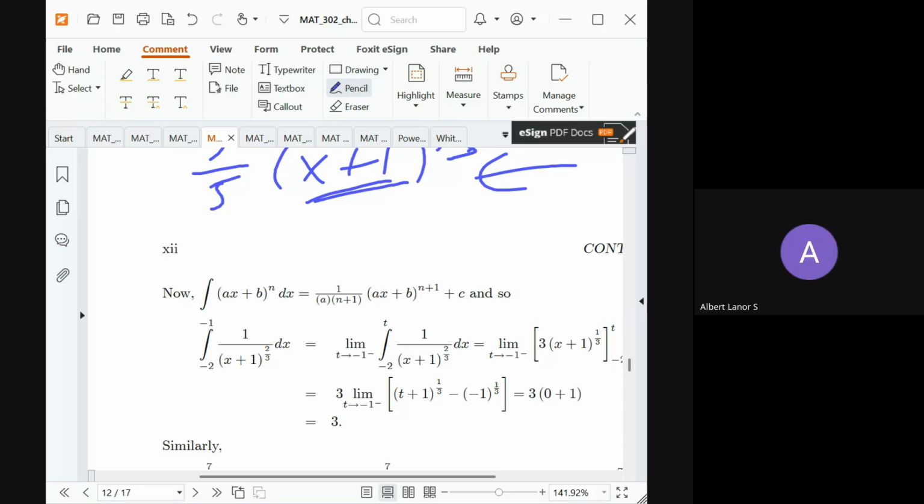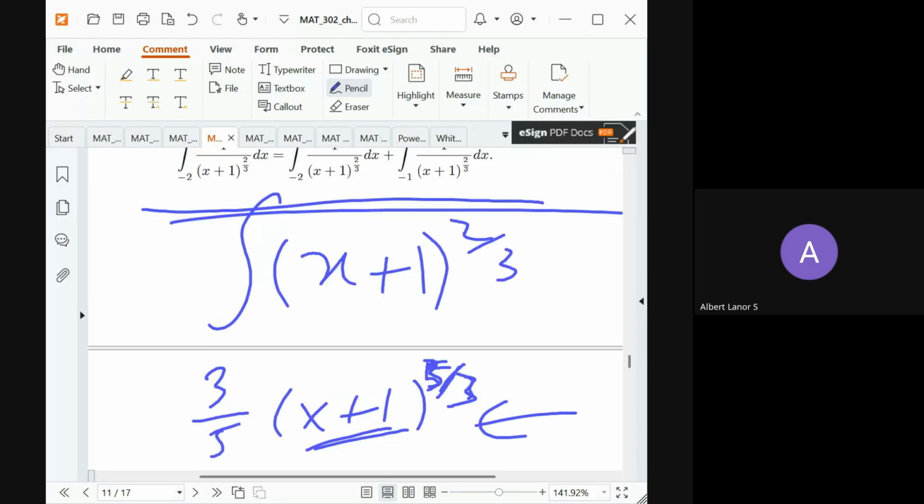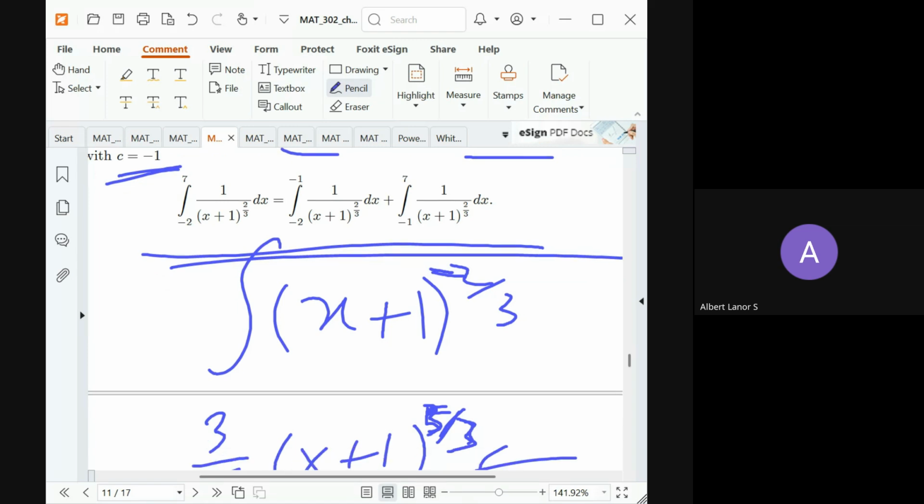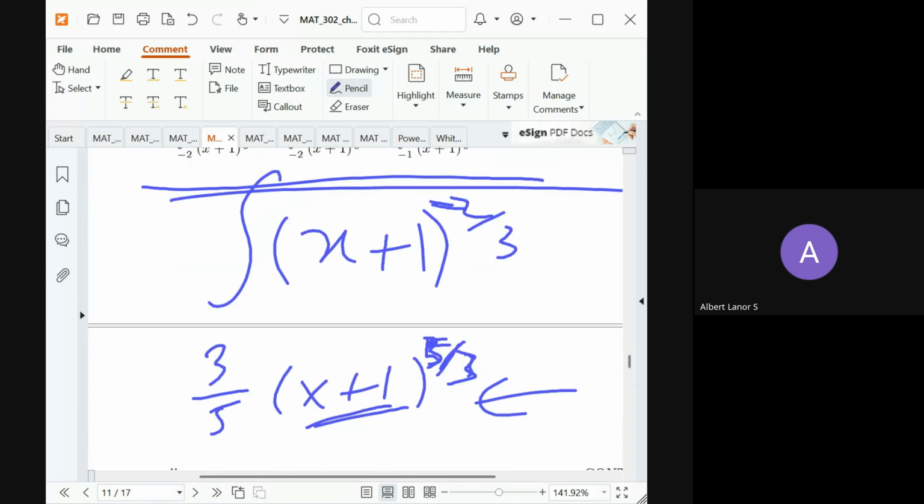Oh, okay. It's negative, sorry. It should be negative. Yes, it's negative because it's in the denominator. So when you add 1, you're going to get 1 over 3, and this is going to be 3.